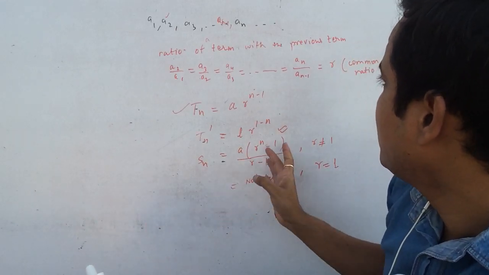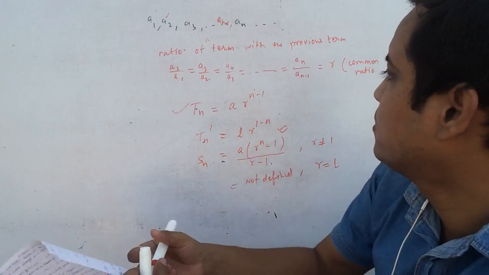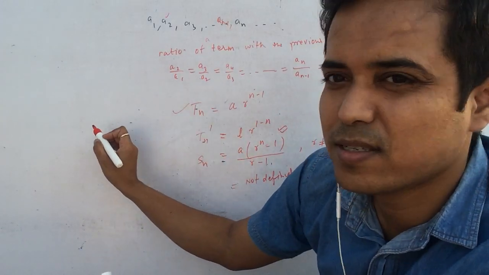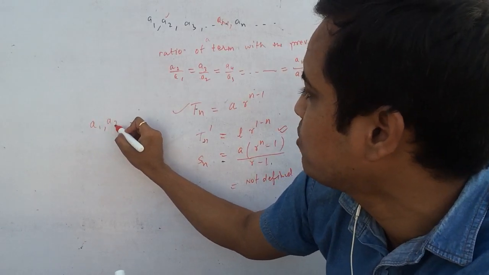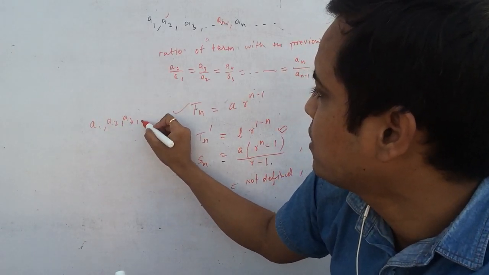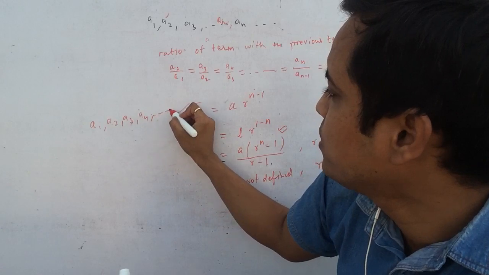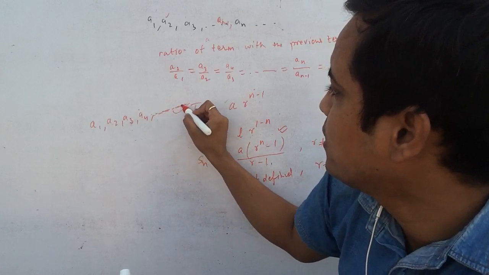Suppose the sequence is tending to infinity, that means a1, a2, a3, a4 are in GP, but they are tending to infinite.